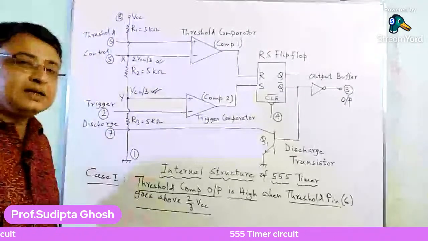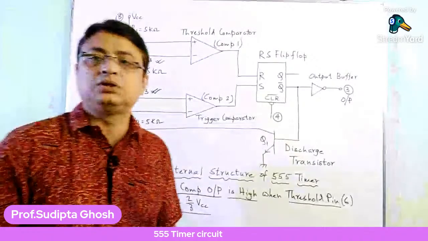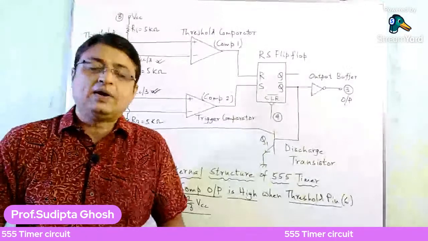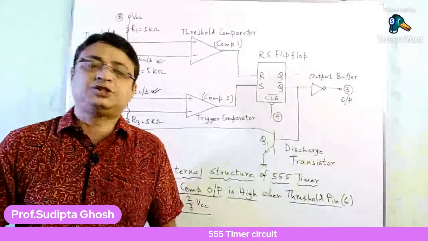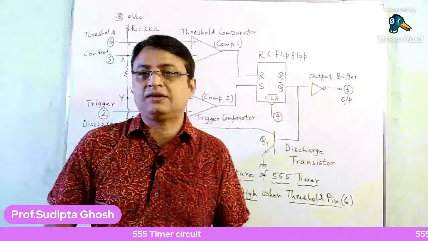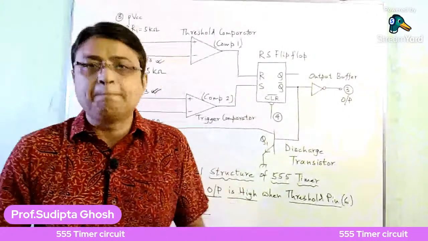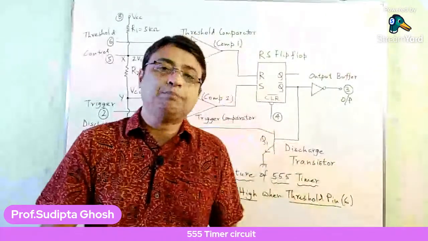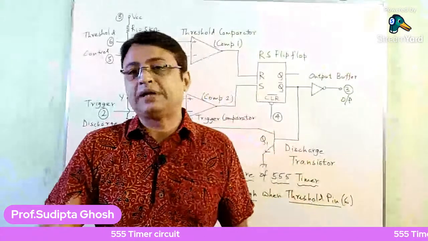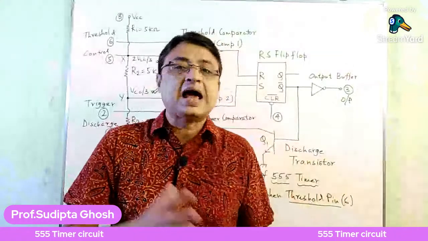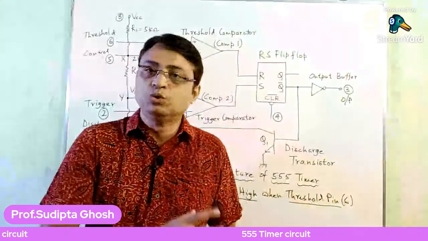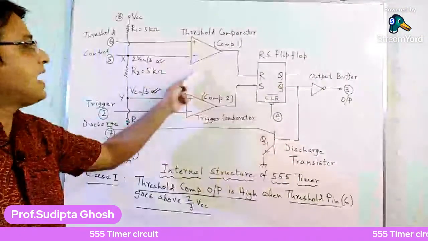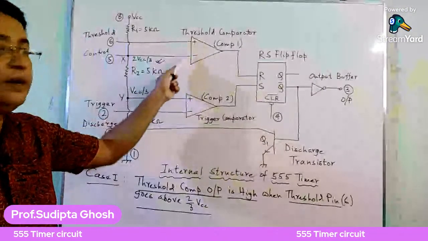Now what is a comparator? We all know about the electronic circuit known as the comparator. A comparator is an electronic circuit which can compare, as the name suggests, the voltages appearing across its two input terminals. So here this is a comparator circuit, and it has two input terminals.